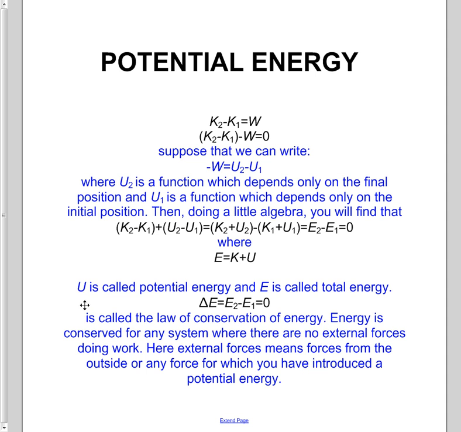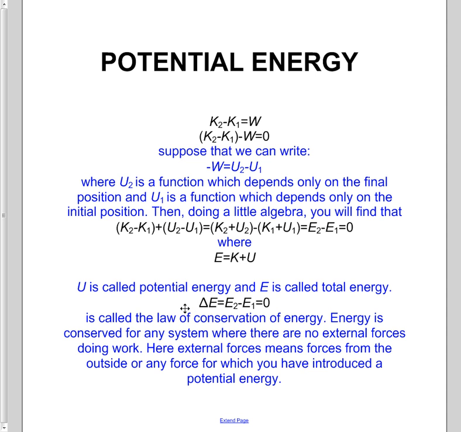U is called the potential energy, and E is called the total energy. So you see we now have sort of redefined energy here as the kinetic energy of the object plus the potential energy of the object, where the potential energy is introduced as we did up here.